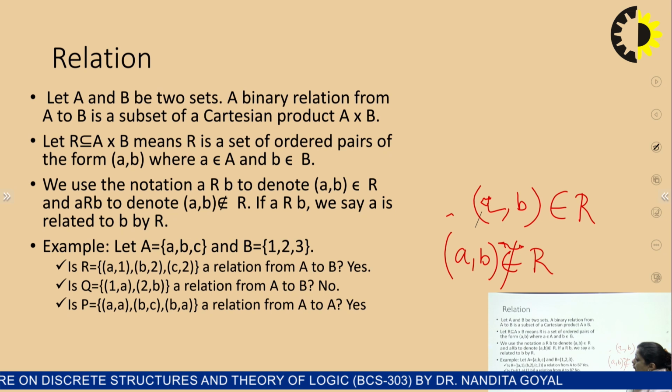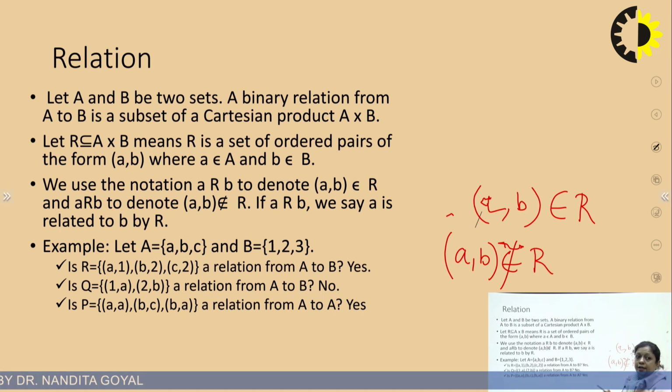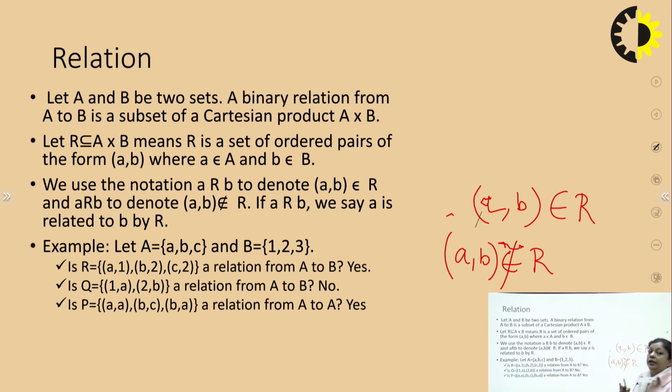Now, I have another example of a relation Q which contains the elements (1, a) and (2, b). Is it again a relation from A to B? We can clearly see that the first element of both the pairs belongs to set B and the second element belongs to set A. So, it clearly means that it is not a relation from A to B. Now, we have another relation P which contains the pairs (a, a), (b, c) and (b, a).